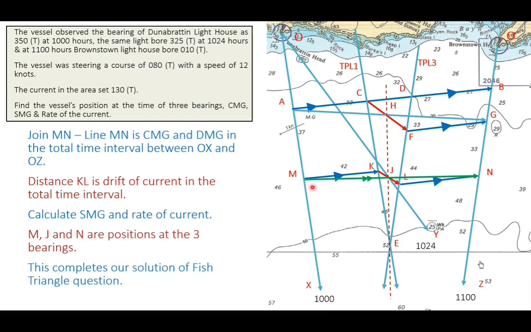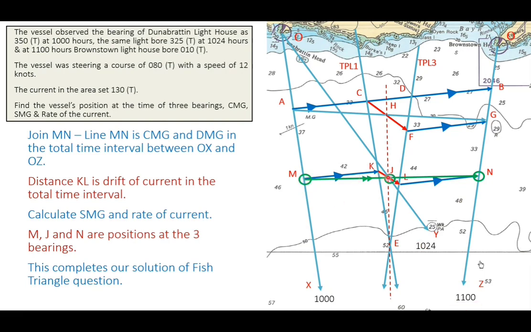Point M, which we have here, is my initial position at 1000 hours. Point J, which I have here, is my position at the time of the middle bearing, that is 1024 hours. Point N, which I have here, represents my third position at the time of my final position line at 1100 hours.